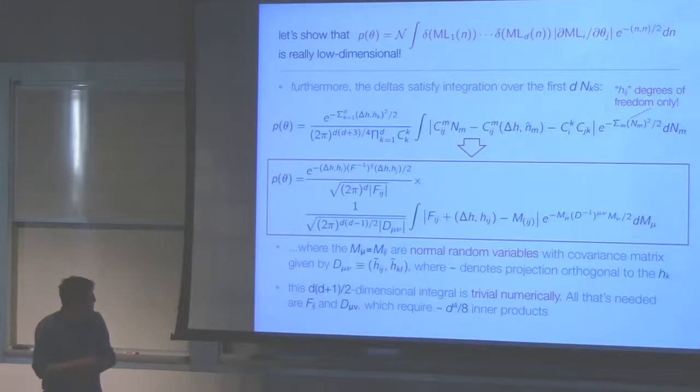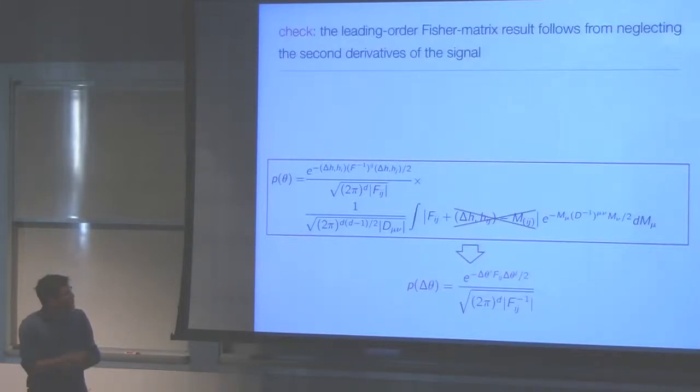So this integral is d times d plus 1 over 2-dimensional. It's trivial numerically, and you need to start from these inner products, basically. So what you need is something like d to the 4th inner products. Once you have those, this integral is easy. As a check, if you kill off the second derivatives, so if your function is really linear in terms of parameters, you're left with this determinant.